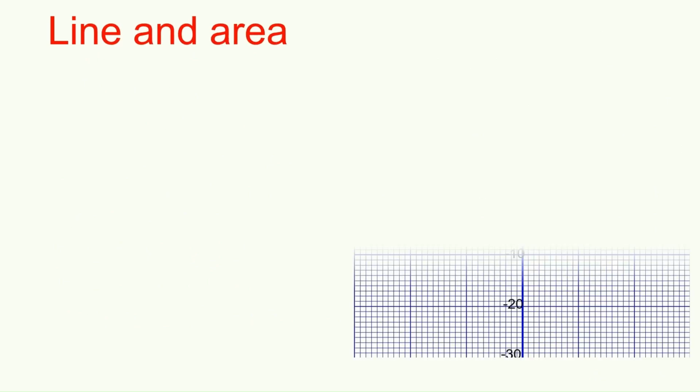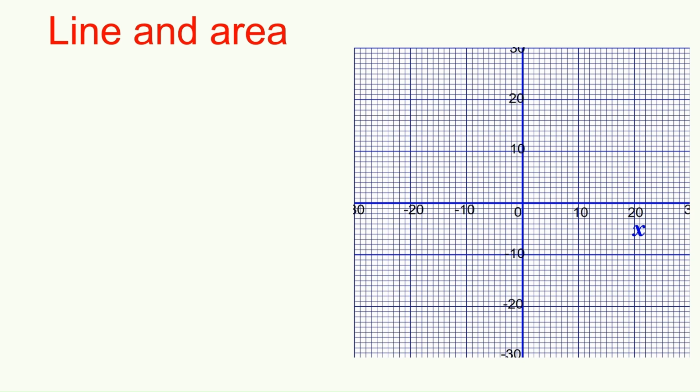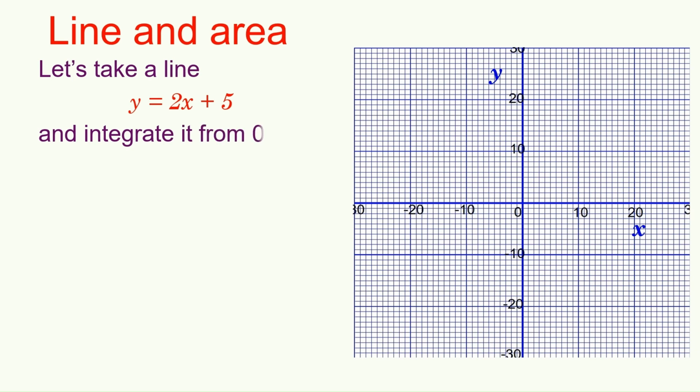Line and area. Let's take a line y equals 2x plus 5 and integrate it from 0 to 10.